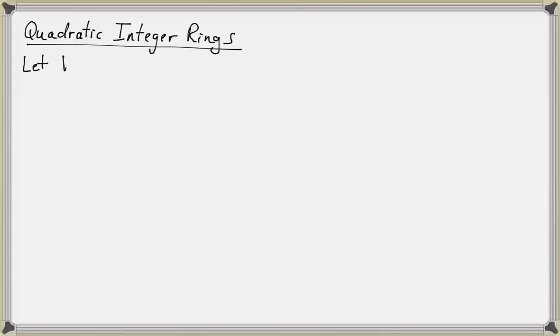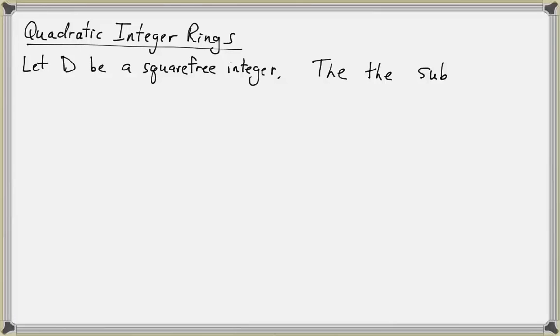So now let capital D be a square-free integer, and let's look at the subset of Q adjoining square root of D. Let's look at the integers adjoining square root of D. So this is the set of all A plus B square root of D, where A and B are integers.